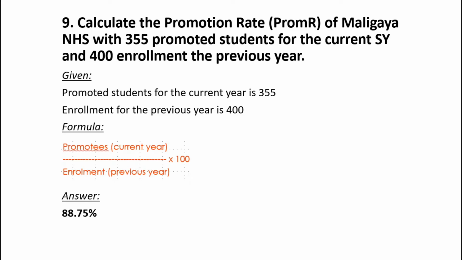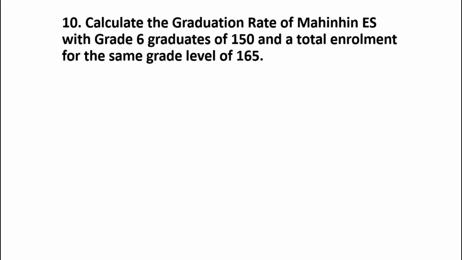So the answer will be 88.75%. So medyo bumaba yung kanyang promotion rate by almost 11%. So mga ganun ang difference. So let's proceed to the next question, number 10.